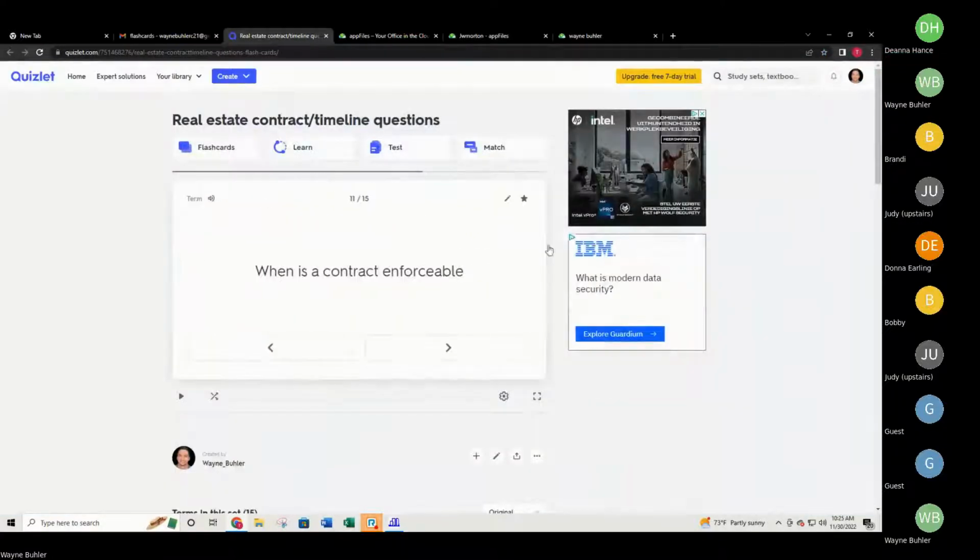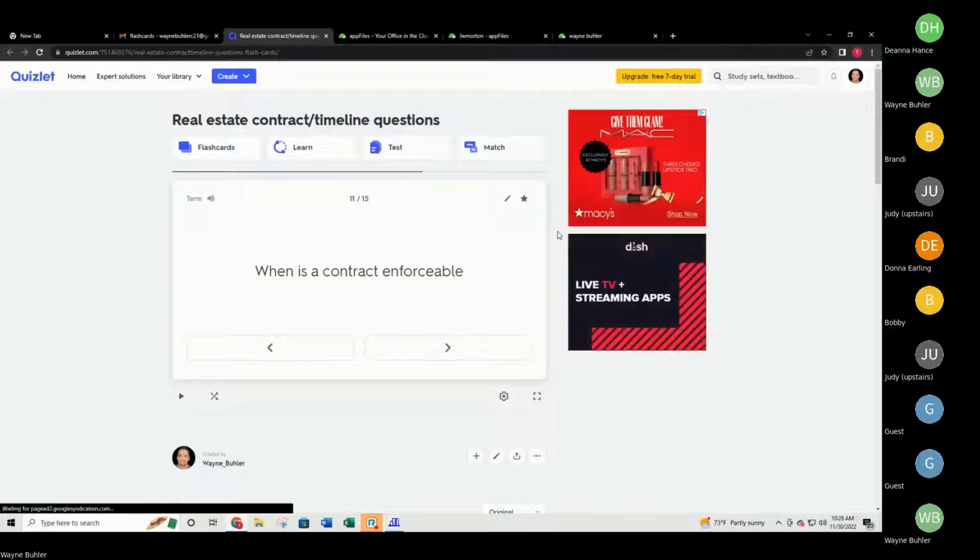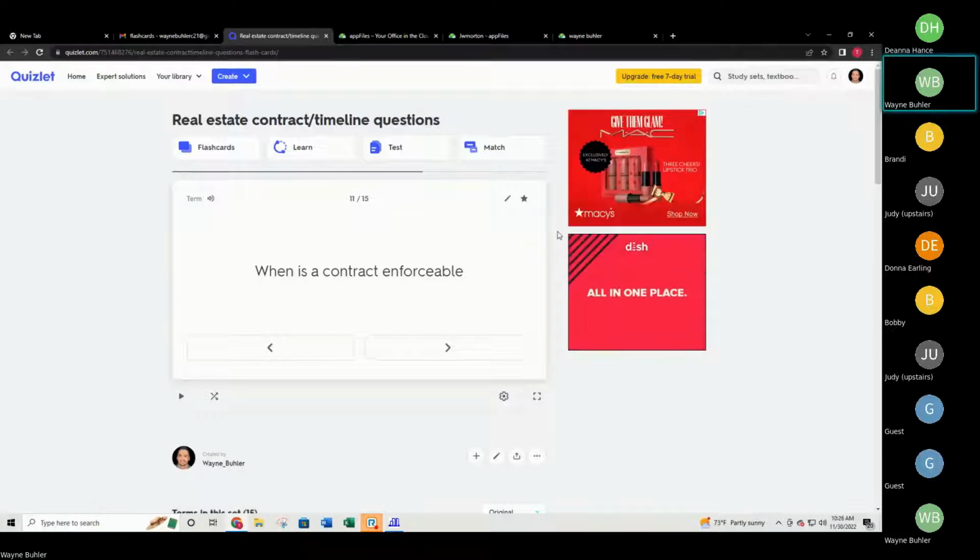When is a contract enforceable? Everybody signed it, and with consideration. Tom, when is the contract enforceable? When both parties have signed and it's been delivered.